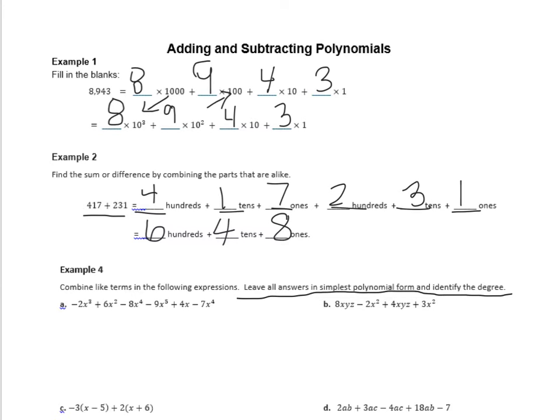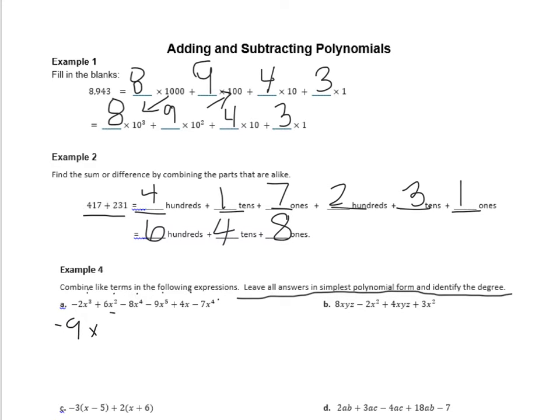If you take a look at letter A, you have an exponent of 3, another exponent of 2, an exponent of 4, an exponent of 5, here's an exponent of 1, here's another exponent of 4. Now standard form again starts with the highest exponent. There's only one term with an exponent of 5. There's no other terms with an exponent of 5 to combine that with. So we're going to put that term first.